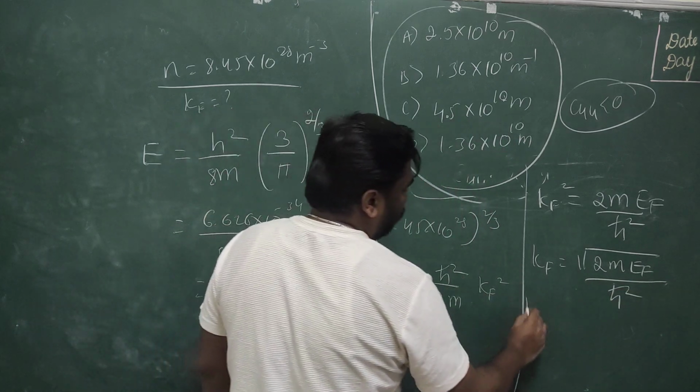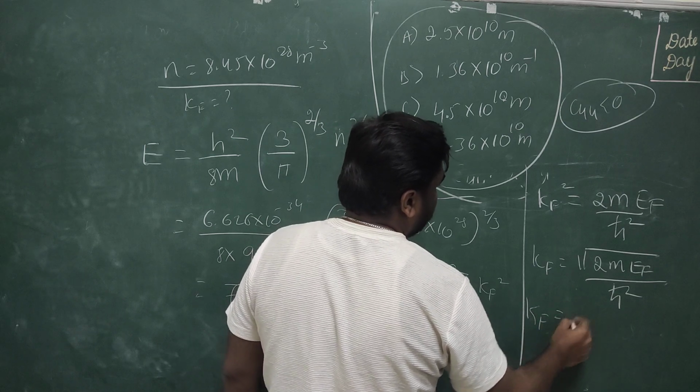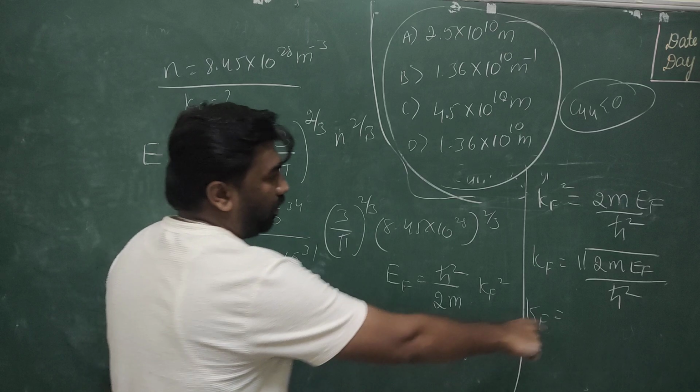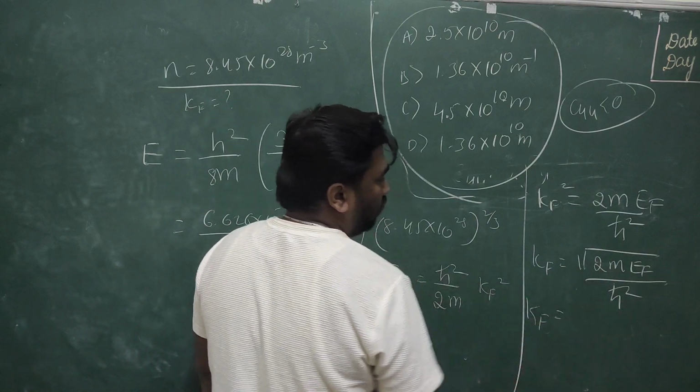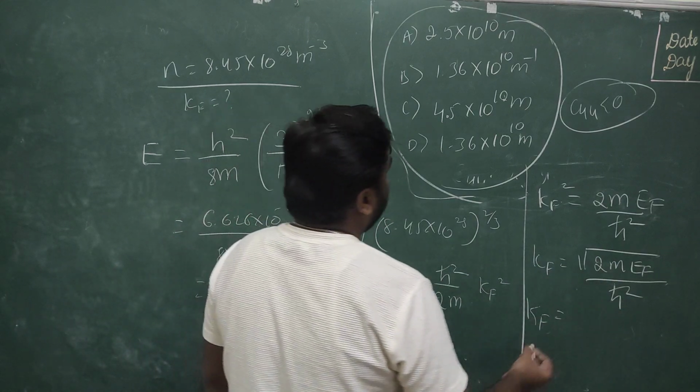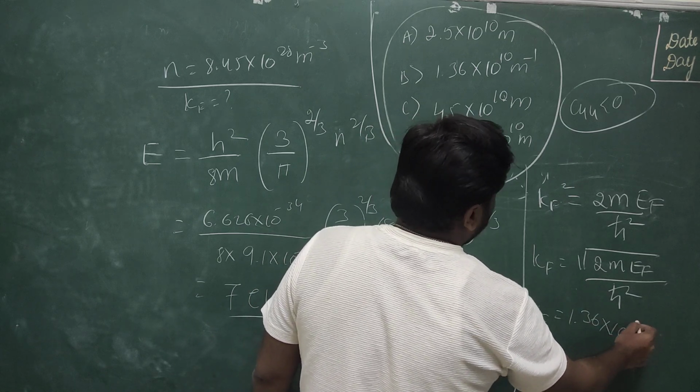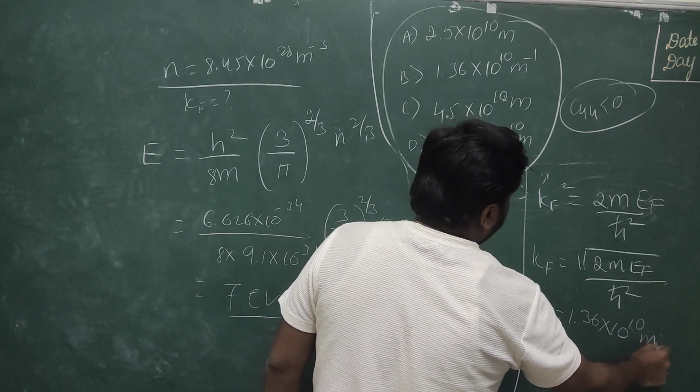After substituting EF as 7 electron volt, the mass of the electron and the h cross value, we get the answer 1.36 into 10 to the power of 10 per meter.